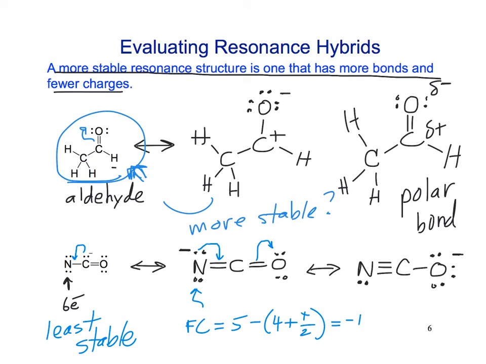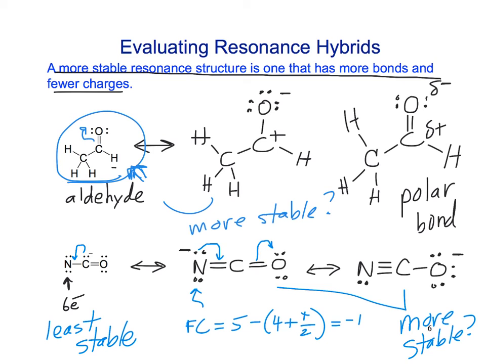Can we tell between the 2 structures on the right, the middle and the right, which one is more stable? Well, not really based upon the rule up above. So I'm going to give you another rule, and that is if the bonding and the number of charges is the same between 2 resonance contributors, or if all else is the same, the structure that has the minus charge on the more electronegative atom is going to be more stable.